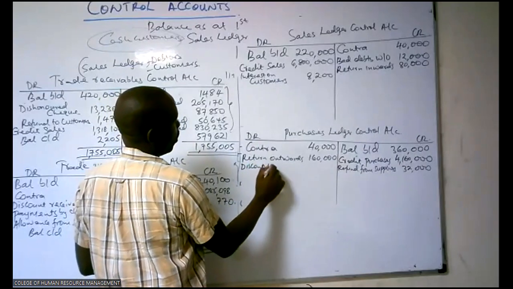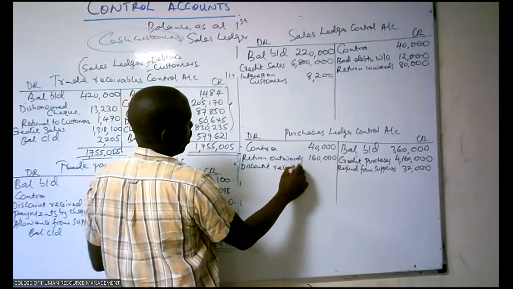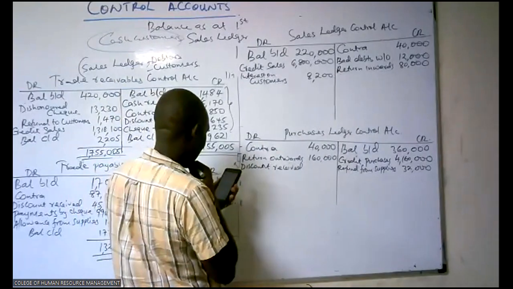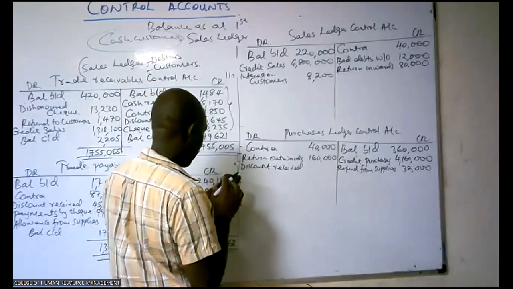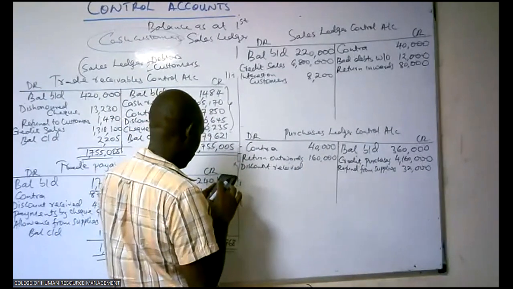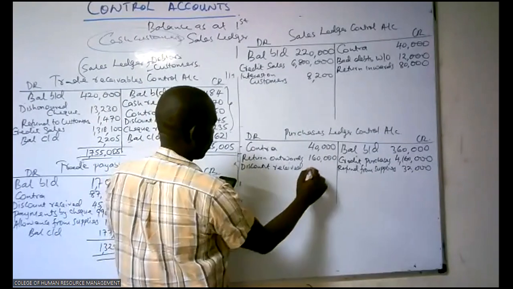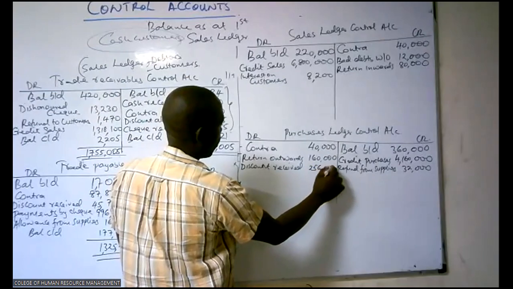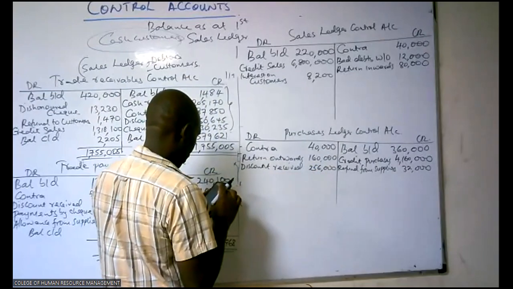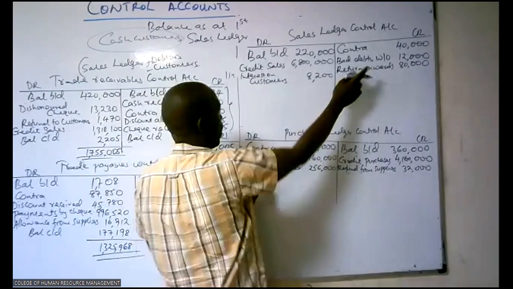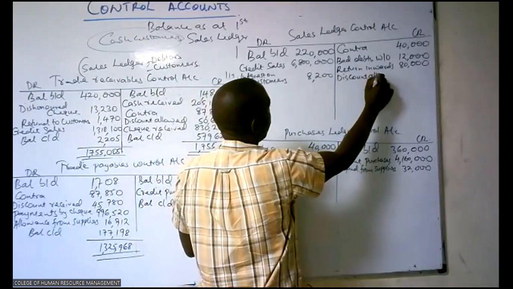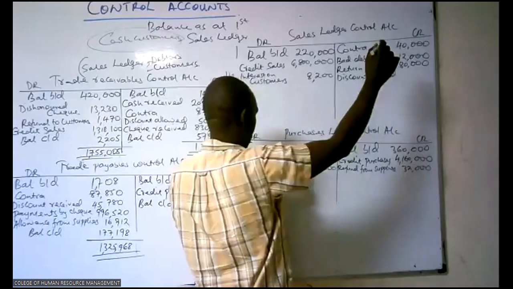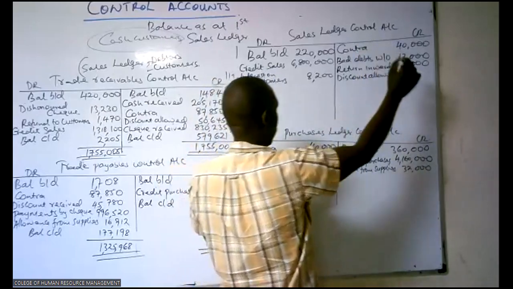Discount received from suppliers, $256. Discount allowed comes to this side. It reduces the debt, $60,000.